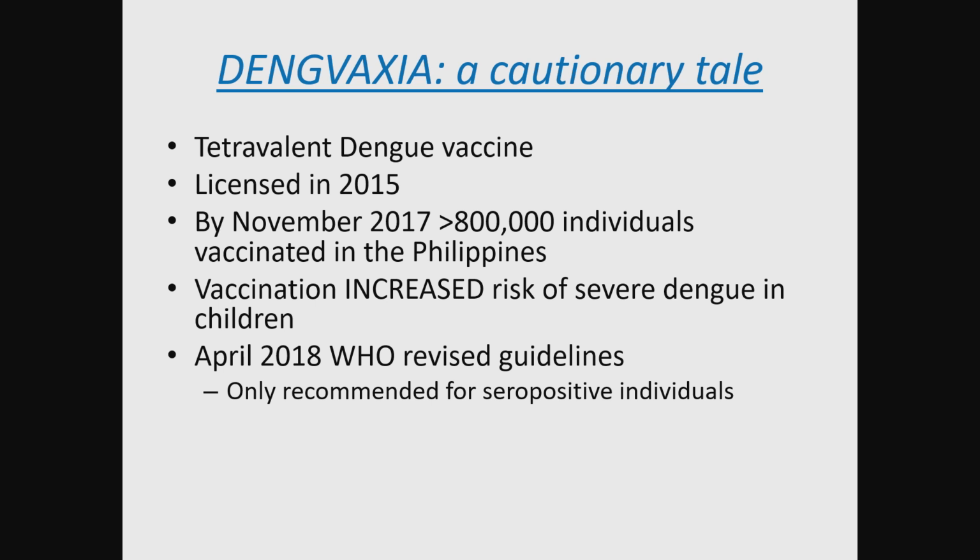By November 2017, more than 800,000 individuals were vaccinated in the Philippines. It was later found out that this vaccination actually increased the risk of severe dengue in children. And then by April 2018, the WHO revised the guidelines. Now this vaccine is only recommended for individuals who are confirmed to be seropositive for a previous flavivirus exposure.